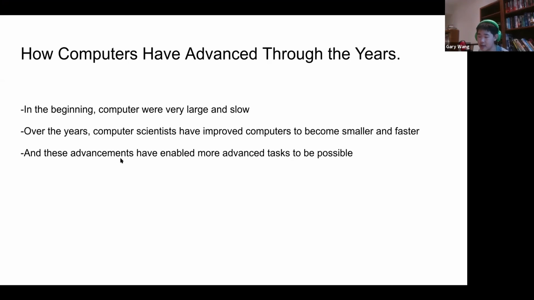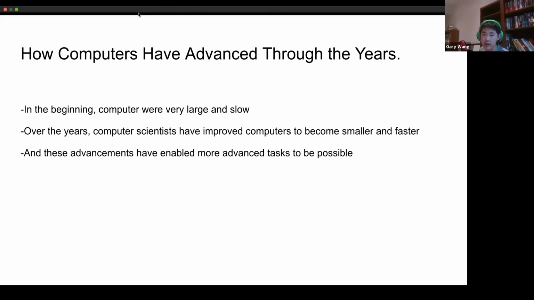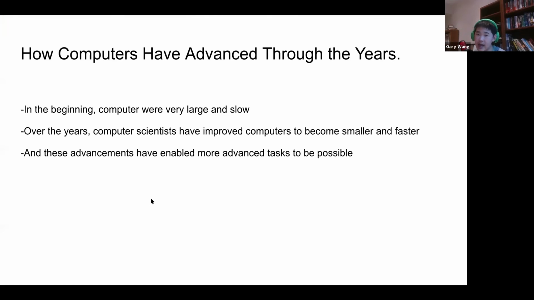And they have made them faster, so it doesn't take a lot of time to click on a website and wait. And finally, these advancements have enabled more advanced tasks to be possible, meaning that these computer scientists have helped make tasks easier.